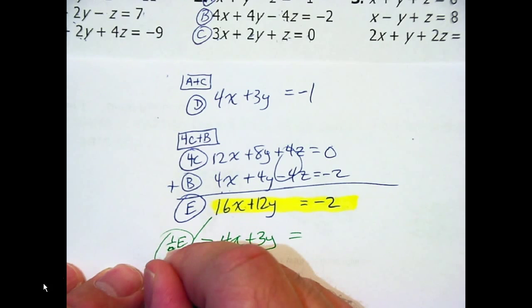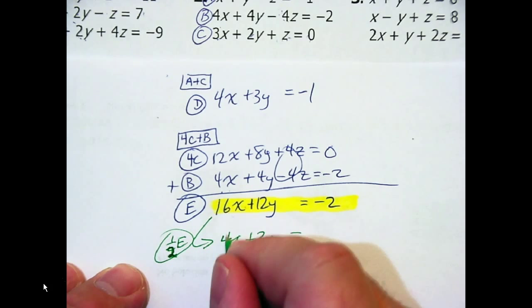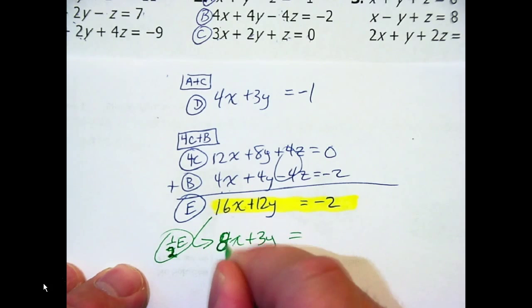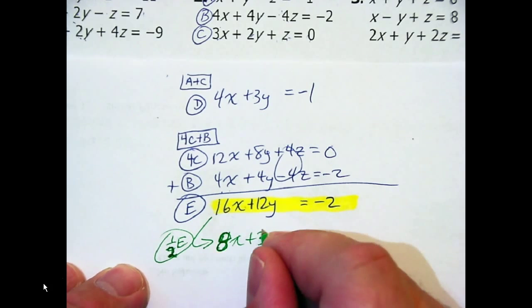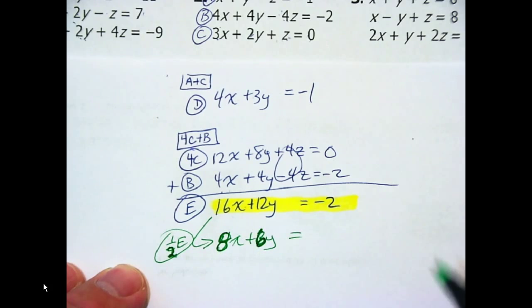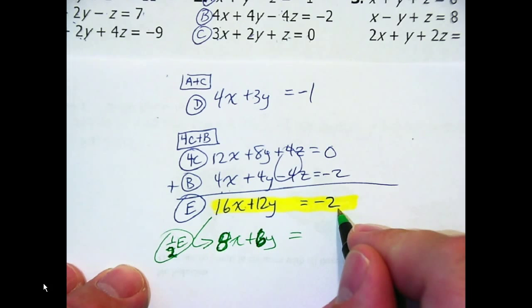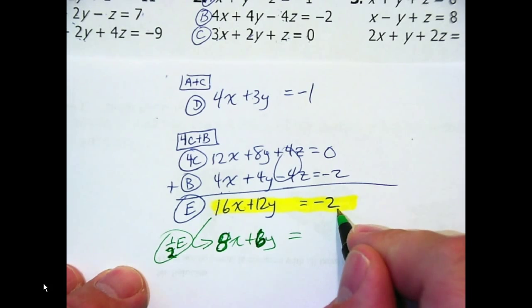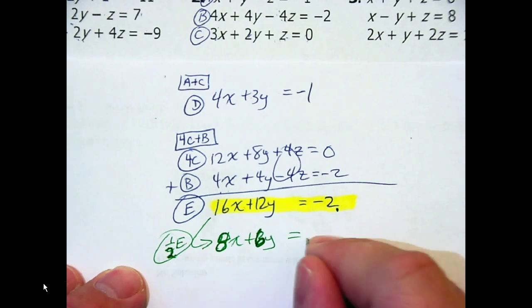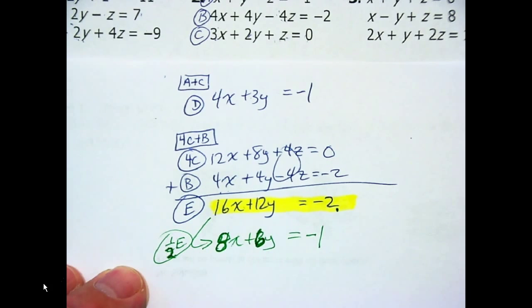I have to take a half, sorry. So it would be 8x, 6y, and negative 1.